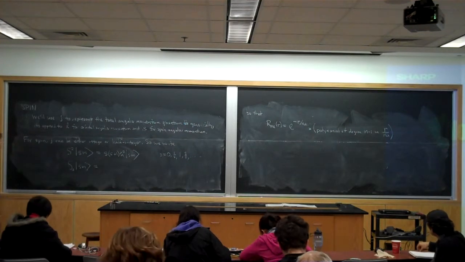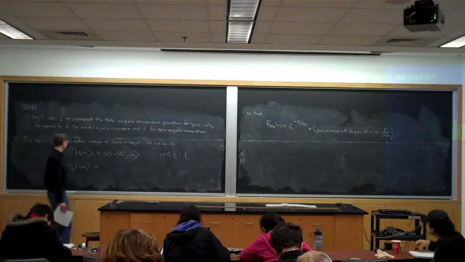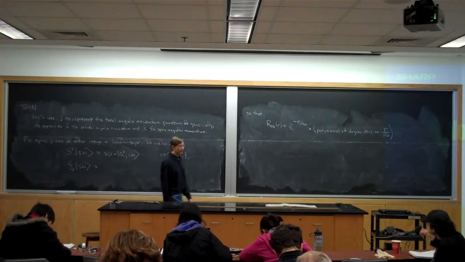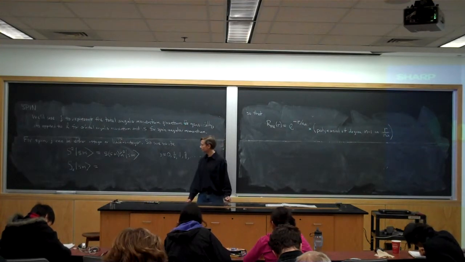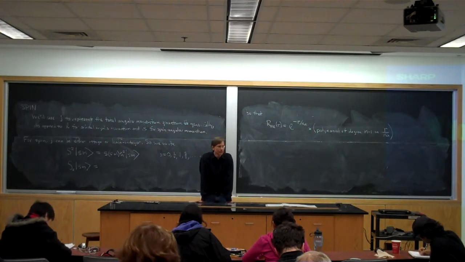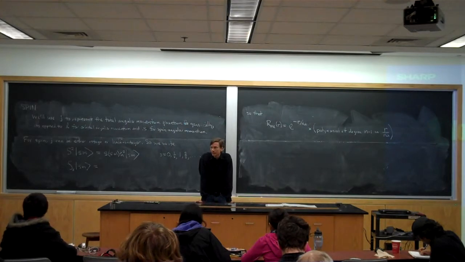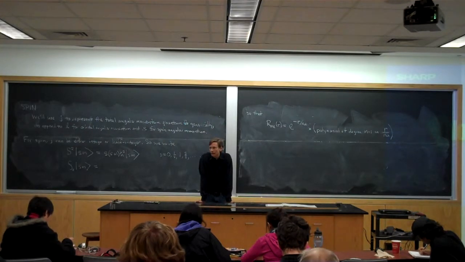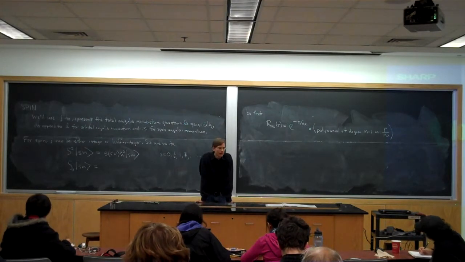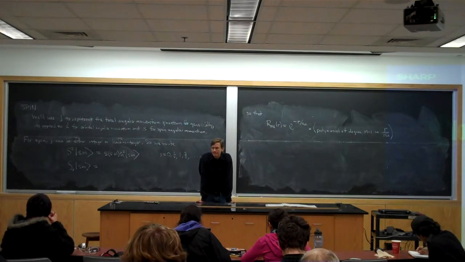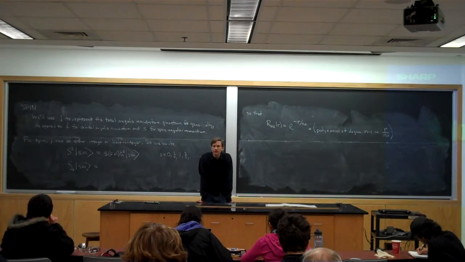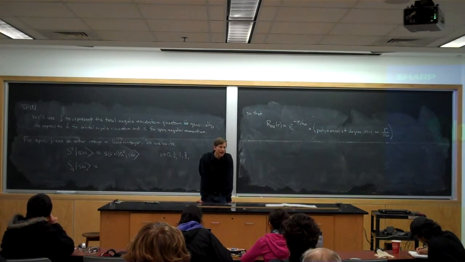And the z component of the spin angular momentum operator applied to state s, m has what eigenvalues? It works just like orbital angular momentum. What are the allowed values of the z component of orbital angular momentum? Suppose l is equal to 2. What are the allowed values of m in that case?